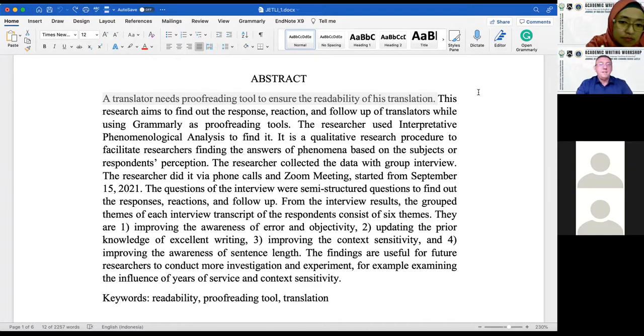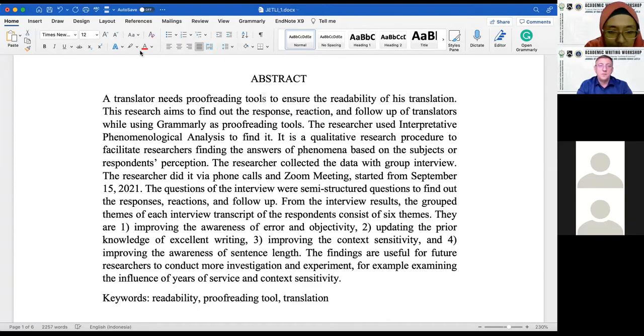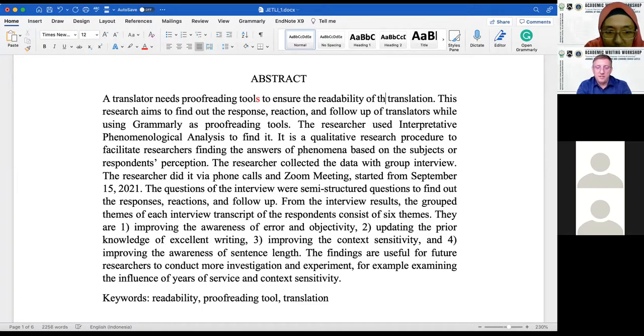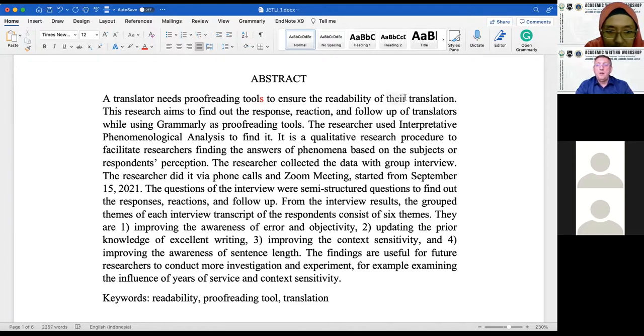"A translator needs proofing tools to ensure the readability of their translation." Why did I delete "his" and put "their"?